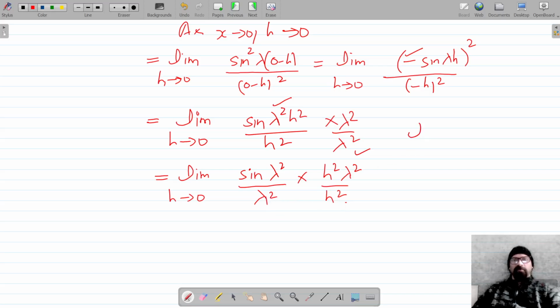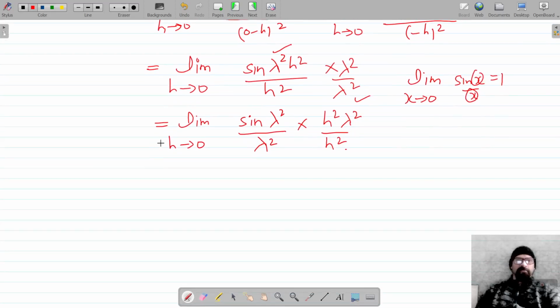Now we know that limit x tends to 0 of sine x by x is 1. So when the angle is the same, this becomes 1.